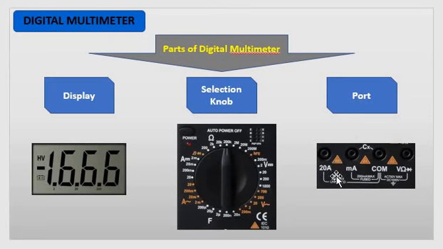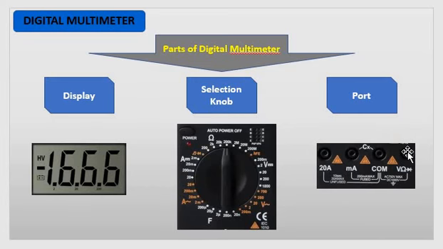The port consists of mainly 3 jacks. One is the common jack, one is for current measurement, and one is for voltage measurement. Here one additional jack is there: one is used for current measurement in amperes, and one is used for current measurement in milliamperes. The common jack is used to connect the black probe or negative probe.